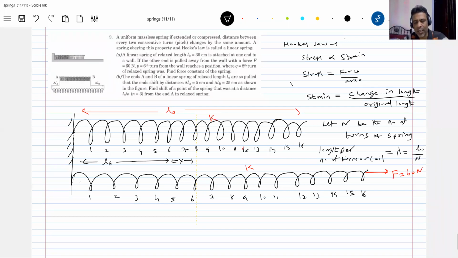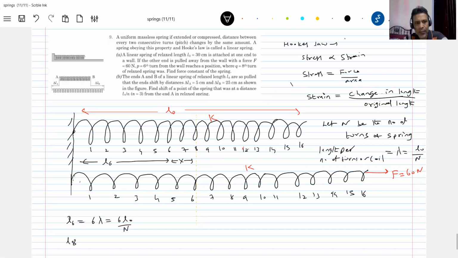What is L6? You should write. I'm going to write L6 as 6 turns into lambda, or 6 L naught by N.